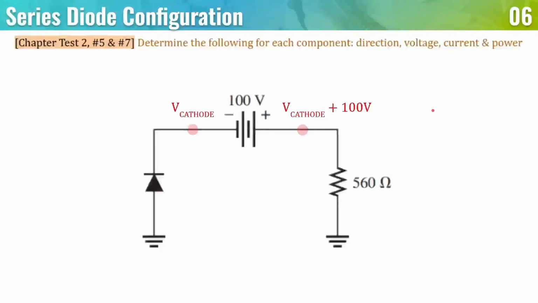So we can say that the voltage connected to the cathode of the diode is going to be V sub C. And then the voltage across this voltage source is going to be V sub C plus 100 volts.